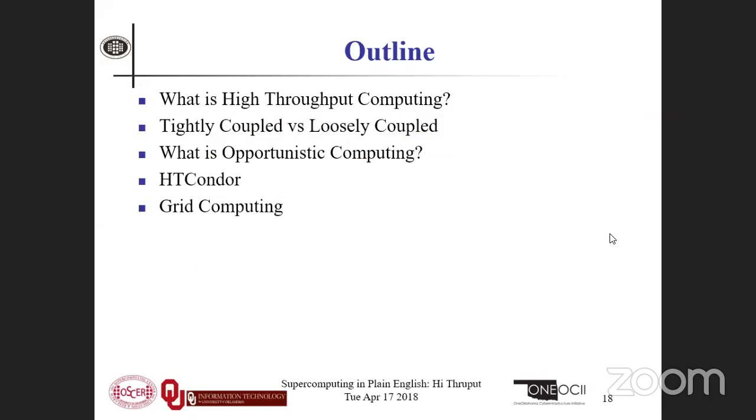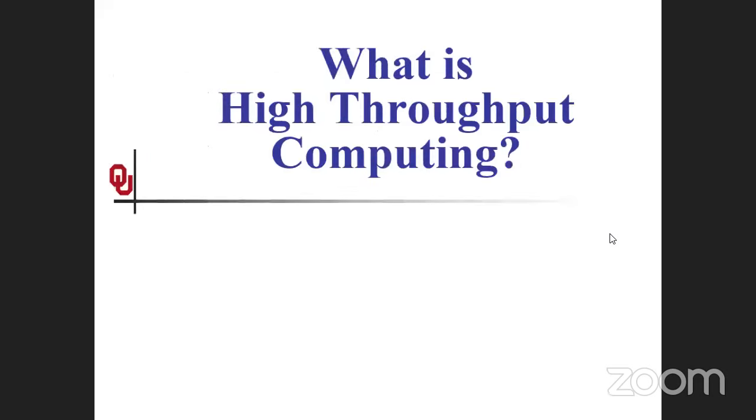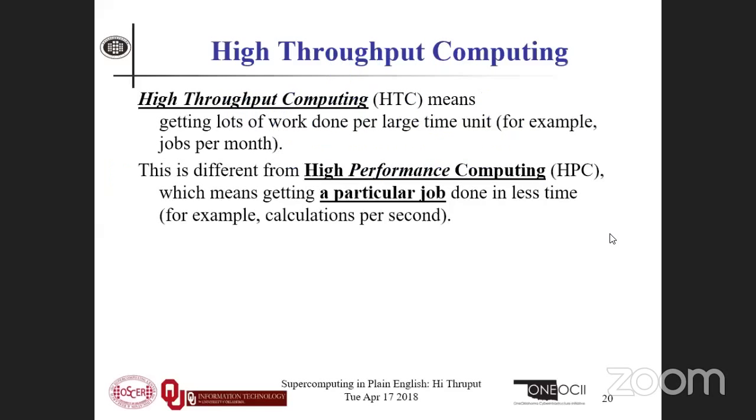High throughput computing: we'll talk about what it is, tightly versus loosely coupled, opportunistic computing, Condor, or HTCondor as it's now known, and grid computing, which will lead into a little bit of a discussion about cloud computing as well. High throughput computing is qualitatively different from high performance computing in the sense that we may not necessarily care how long it takes for an individual job to run, and we may not care how many calculations it's doing per second.